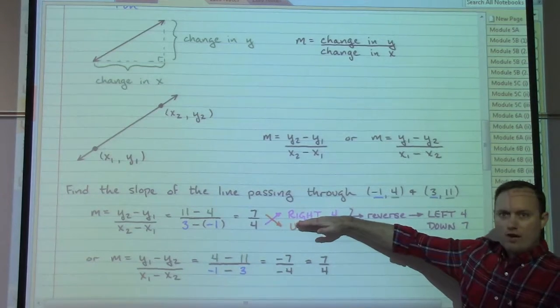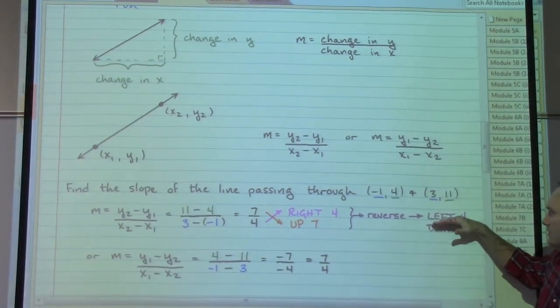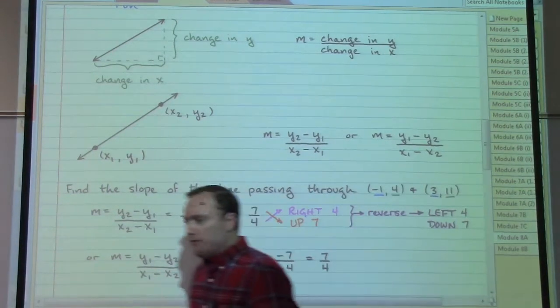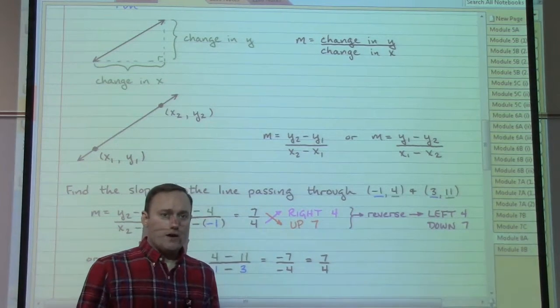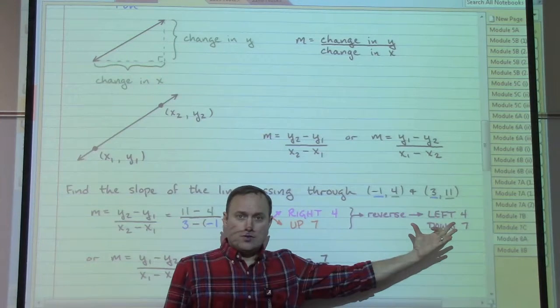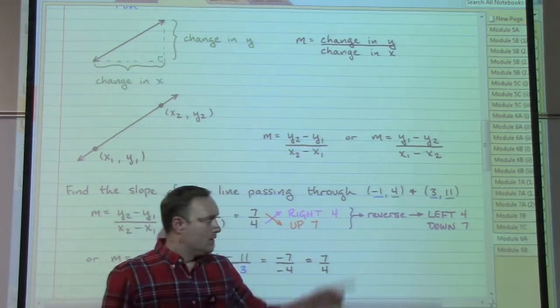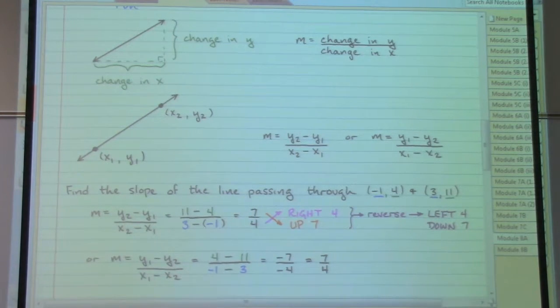So right 4 steps, up 7 steps, or left 4 steps, down 7 steps, one or the other. In fact, with certain kinds of problems, it might actually be necessary for us to look at the reverse set of directions so that we can do what we need to do. So we do want to keep this kind of thing in mind, that we have that flexibility when we're looking at things.